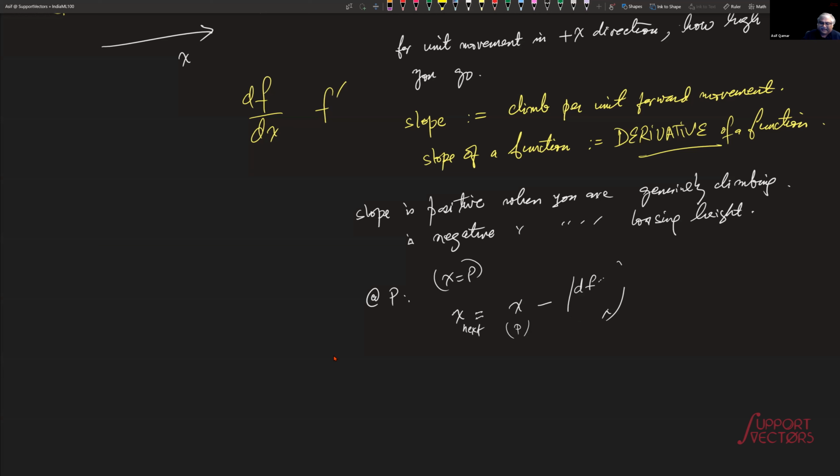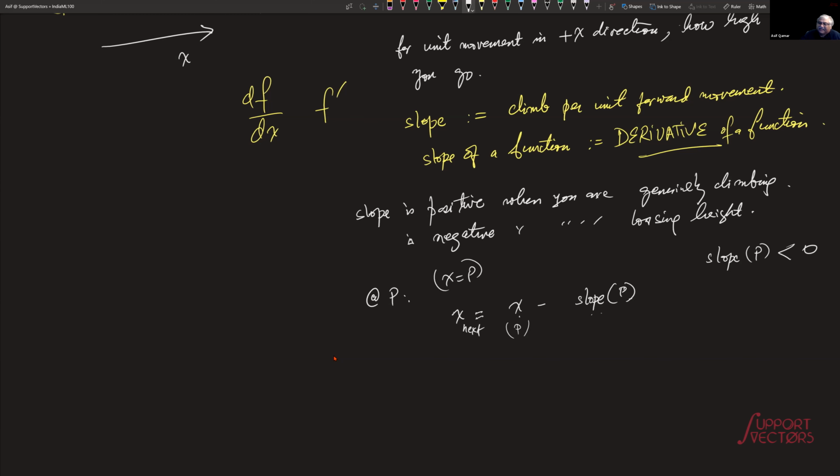Actually, why am I even writing it? Let me just write it as slope minus. What will happen if I subtract the slope at p? You know that the slope at p is less than 0, negative. So when from x you subtract a negative quantity, what will you get?